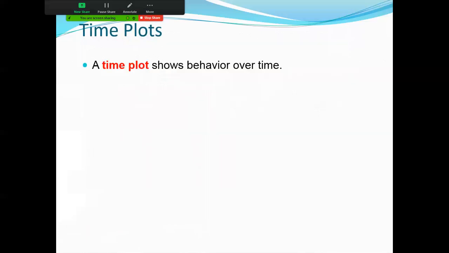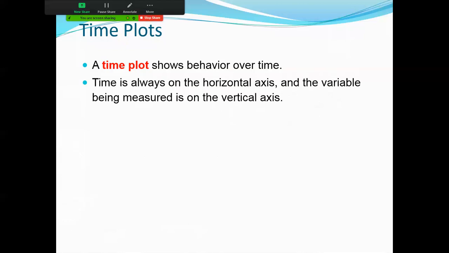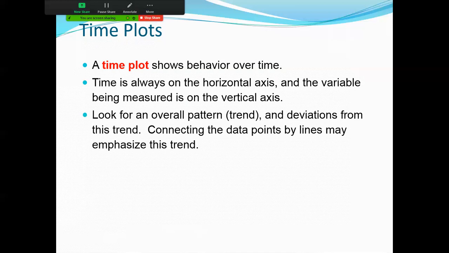A time plot shows behavior over time. Time is always on the horizontal axis, and the variable being measured is on the vertical axis. Look for an overall pattern or trend and deviations from this trend. Connecting the data points by lines may emphasize this trend.